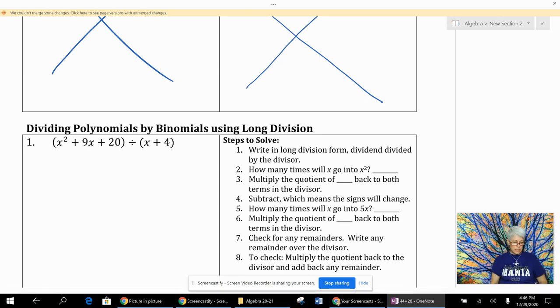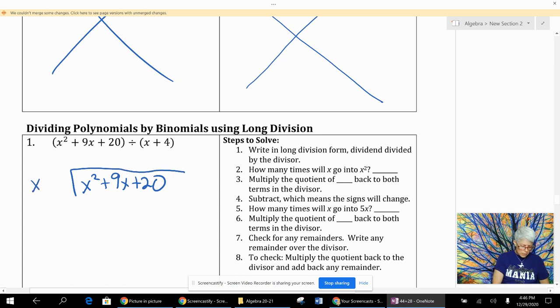Yikes. Okay, I'm going to put the x squared plus 9x plus 20 in the division house. I'm going to put the x plus 4 outside. Okay, don't freak out. Just look at the very first term of the divisor, and look at the first term of the dividend, which is inside the house.